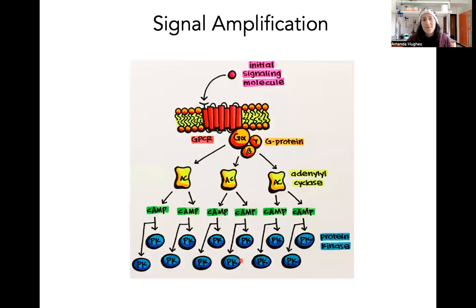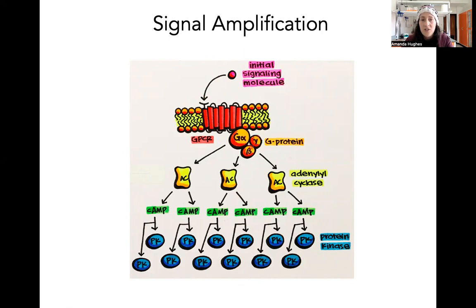Okay, and the last big thing to take away from signal transduction, which is sometimes a multiple choice question, is that the whole point of signal transduction is signal amplification. So what does that mean? It means that one tiny initial signal, one hormone molecule, can bind one receptor. So there's our G protein coupled receptor.